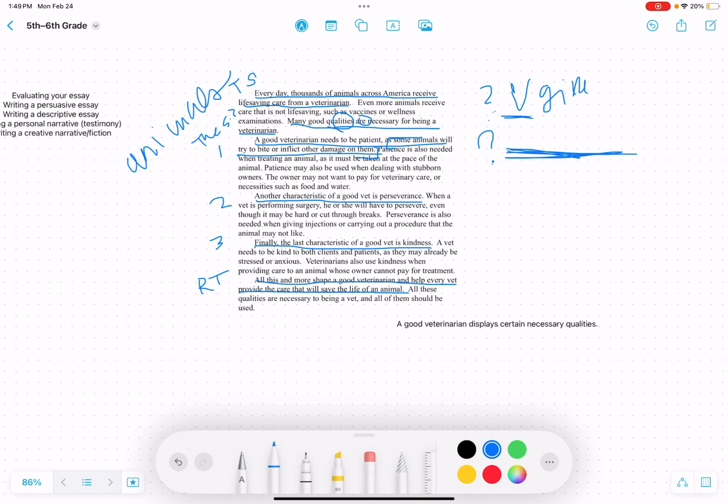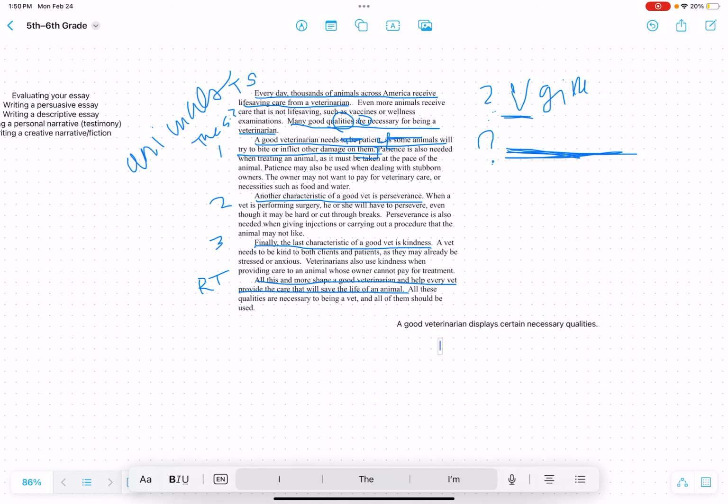And instead of saying needs to be patient, we're just going to say needs patience. So for my friend who wrote this, point 1, a good veterinarian needs patience. Now look how we simplified that. Then maybe the next sentence would be some animals, and then you just keep the rest the same. Some animals will try to bite or inflict other damage on them.